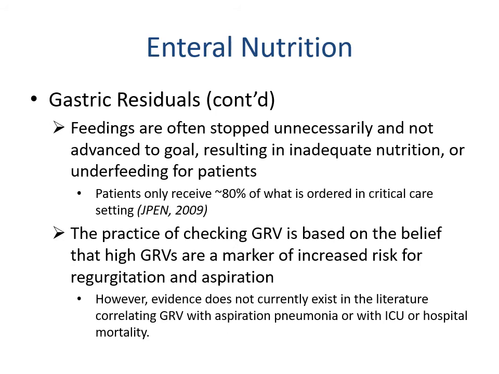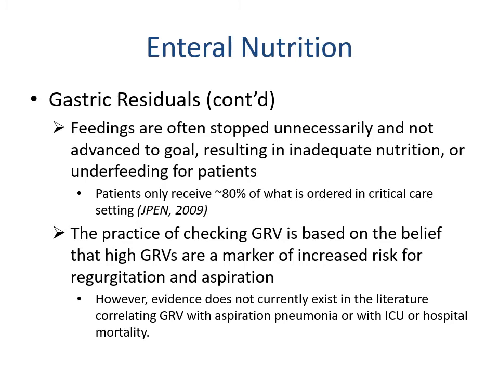So feedings will often be stopped unnecessarily and not advanced to goal, and the patient will not receive adequate nutrition and will be underfed. That example with 75 milliliters is significantly lower than 500 milliliters. If the nurse stops the feeds for the rest of the day or refuses to advance the feeds towards goal rate, then the patient will not receive enough nutrition during the course of the entire day.